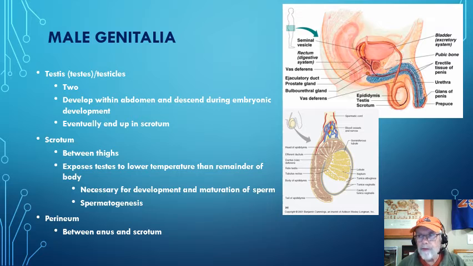That's important because for spermatozoa production, the temperature has to be correct, and the scrotum has muscles that allow the testes to be raised or lowered to adjust the proper temperature for spermatozoa production. So the scrotum is very important in regards to the testes. It's that skin-like sac between the thighs that holds the testicles.